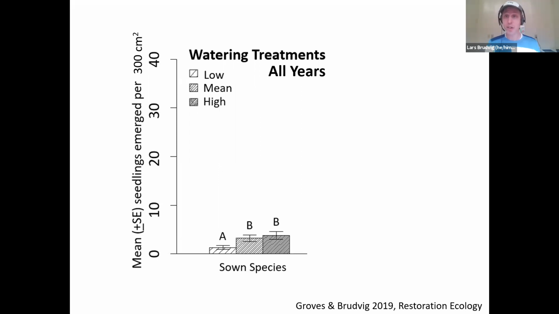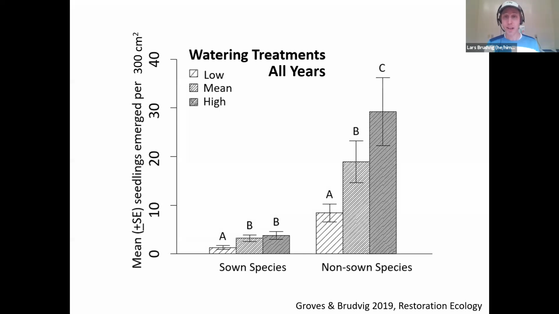When we look now at non-sown species, we can see a couple of things. First of all, again, there were a lot of non-sown individuals in this experiment. Secondly, they respond more strongly to the watering treatment. And whereas with the sown species, when we go from average water to high watering, we don't really see any differences, we see that these non-sown species can respond to these very high, kind of like deluge amounts of simulated precipitation.